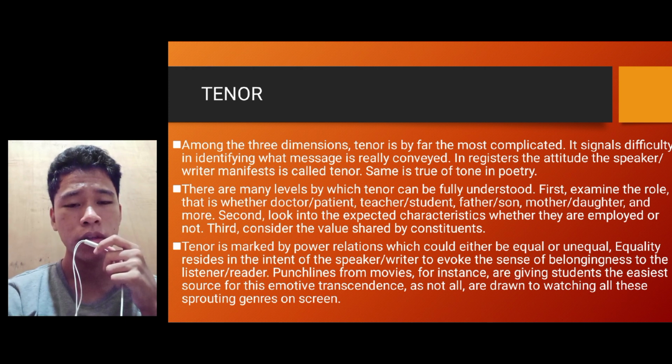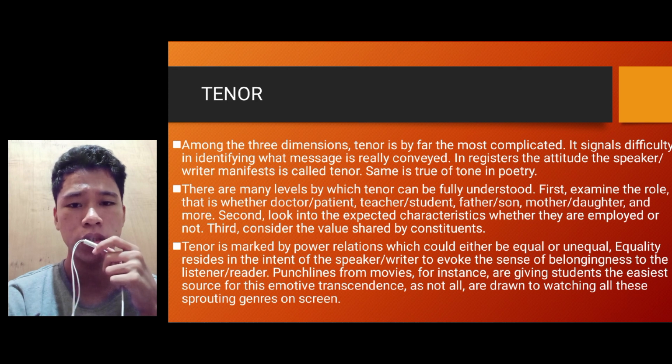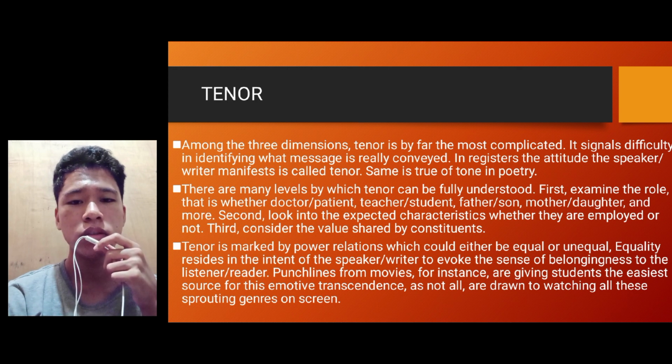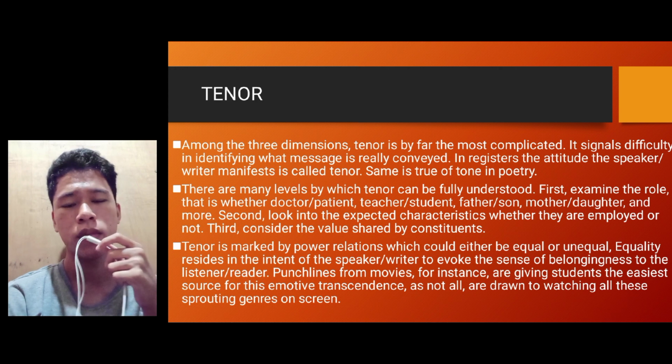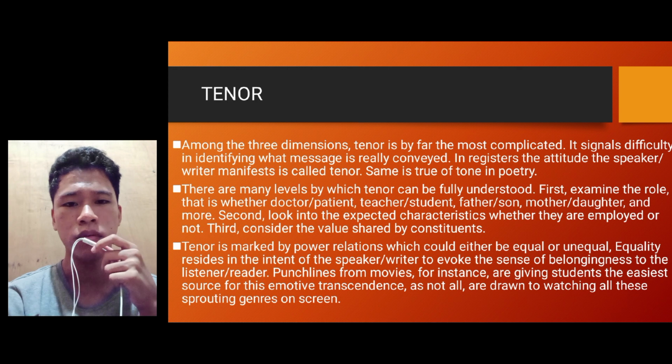Among the three dimensions, tenor is by far the most complicated. It signals difficulty in identifying what message is really conveyed, and the attitude the speaker or writer manifests is called tenor. The same is true of tone in poetry. There are many levels by which tenor can be fully understood.